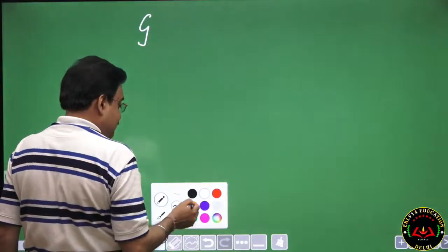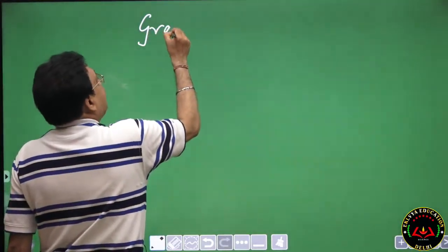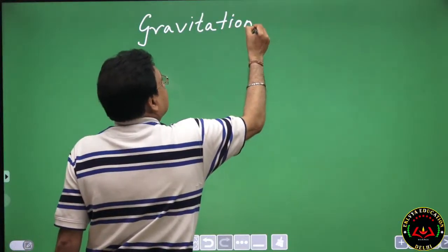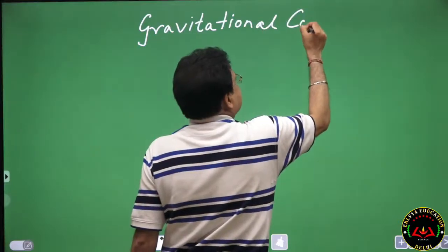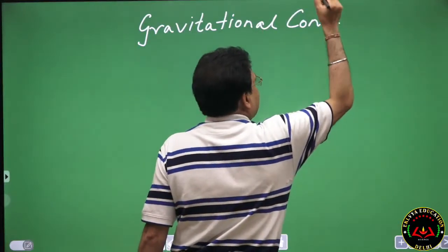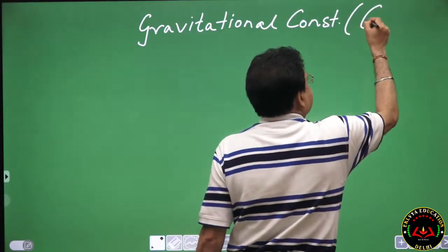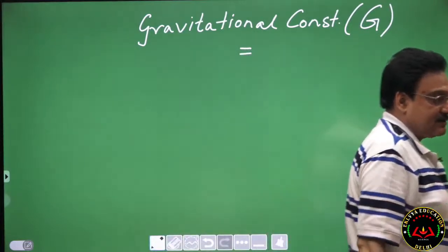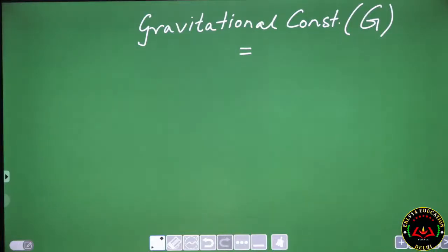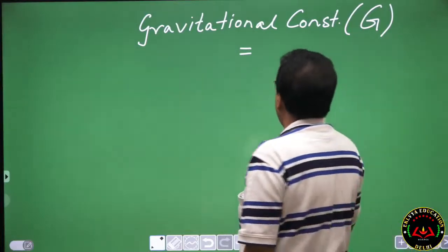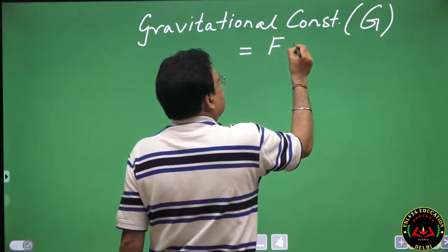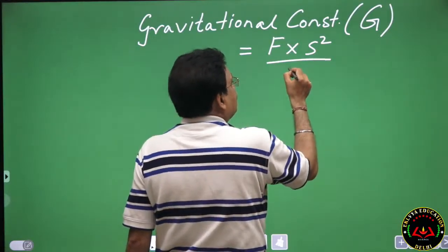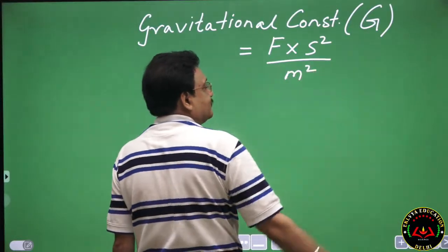So कैसे डिनोट करते हैं? कैपिटल G. And you know what is its formula? इसका फॉर्मूला होता है फोर्स मल्टीप्लाइड बाय डिस्टेंस स्क्वायर अपॉन मास का स्क्वायर.